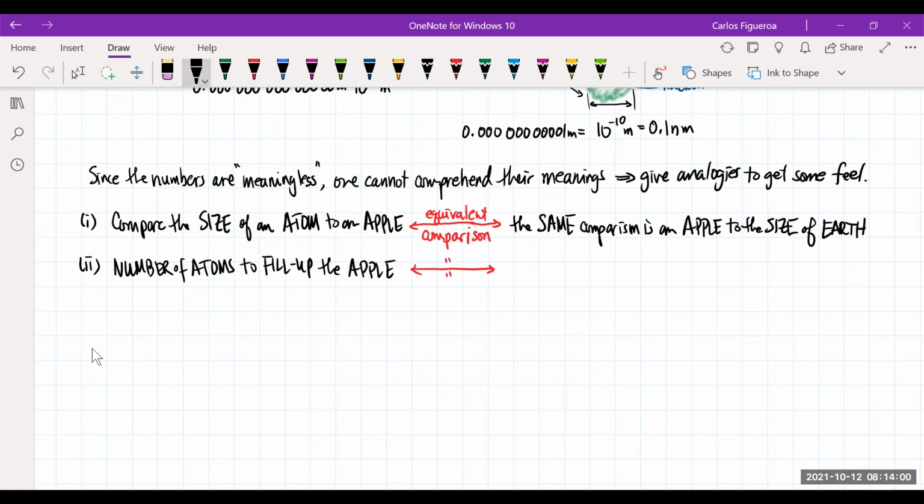This is also equal to the number of apples to fill up the earth.